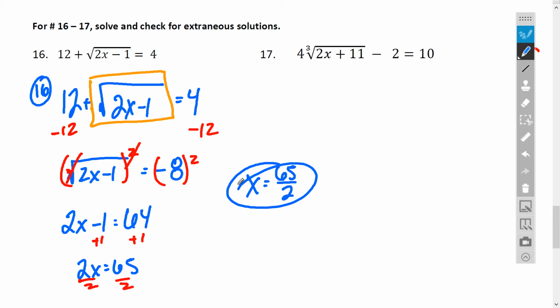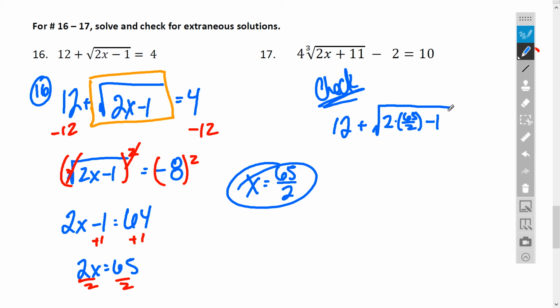Now we do need to check this to make sure that it works, because it is possible that this doesn't work. So 12 plus the square root of 2 times 65 over 2 minus 1 equals 4. So this is 12 plus the square root.